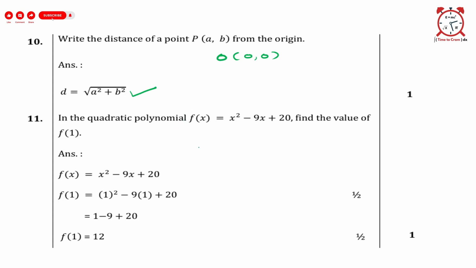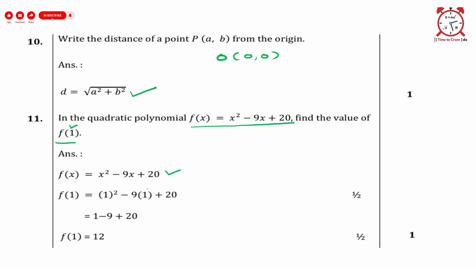Next question, in the quadratic polynomial f(x) equal to x square minus 9x plus 20, find the value of f(1). So here we know that in the place of x we have to keep the value 1. So we have to write the polynomial again.